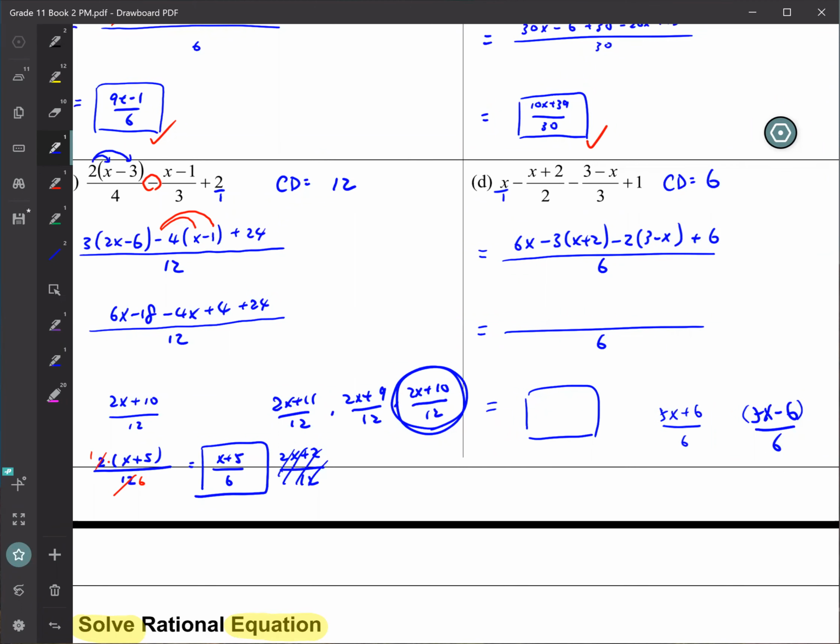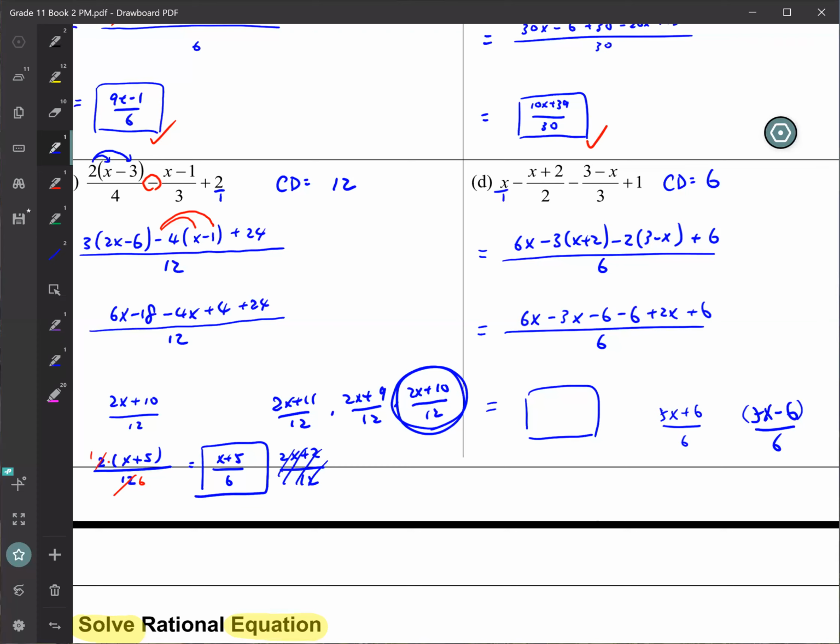Now, Harry, how do you expand? Can you help us out? Can you expand the numerator? 6x minus 3x minus 6 minus 6 plus 2x plus 6. Yeah. Remember the negative should go in.